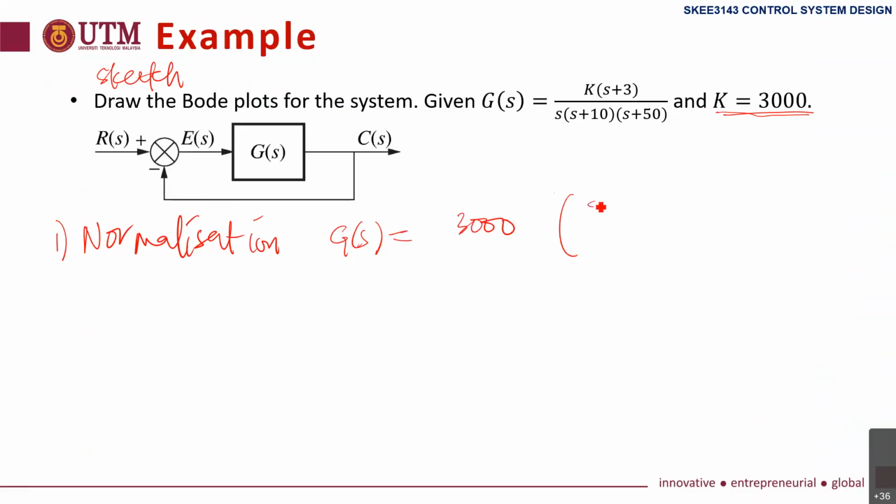We want it in terms of S over 3 plus 1. Therefore, we need to take out 3. S, we maintain S. We take out 10, S over 10 plus 1.